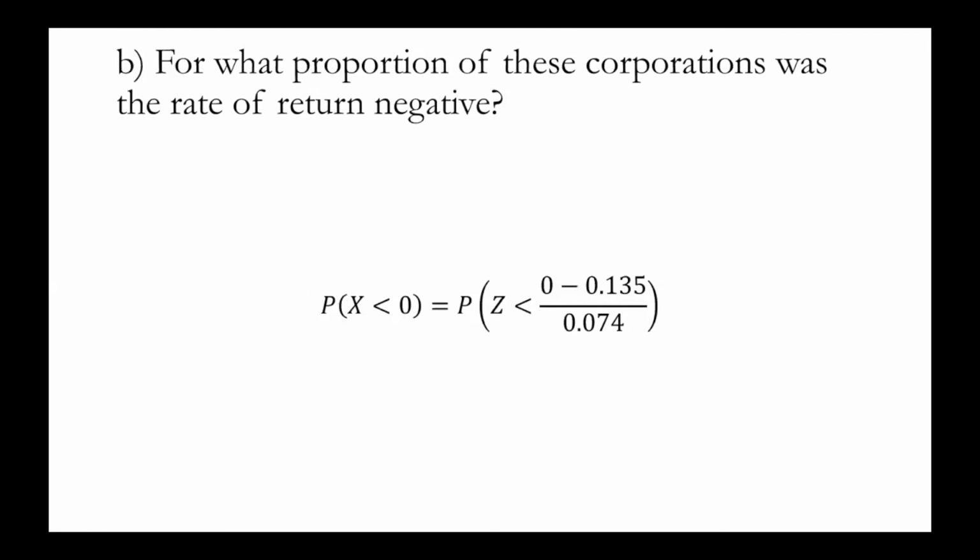You take the critical value lower than x minus the mean divided by the standard deviation, and then you calculate it with R or look at the table, and your final value should be approximately 0.0344.